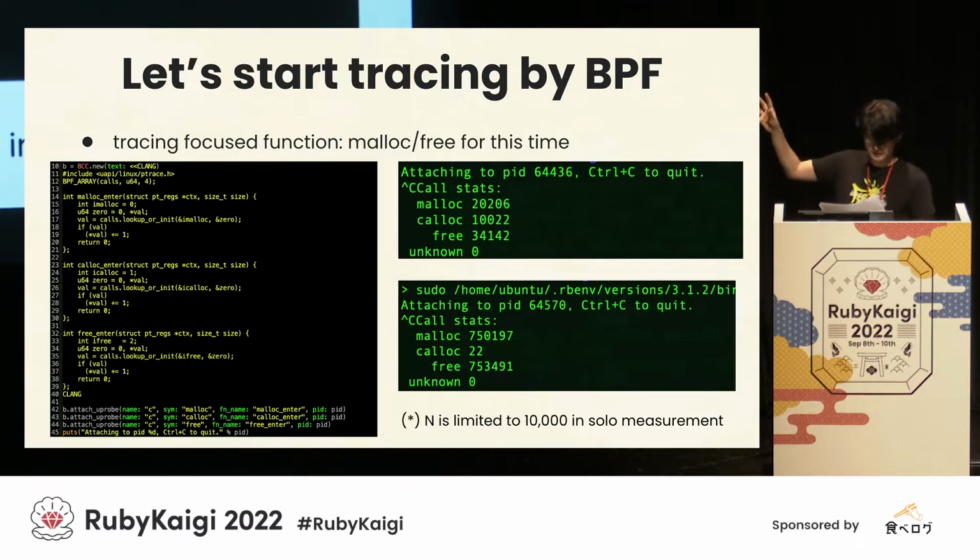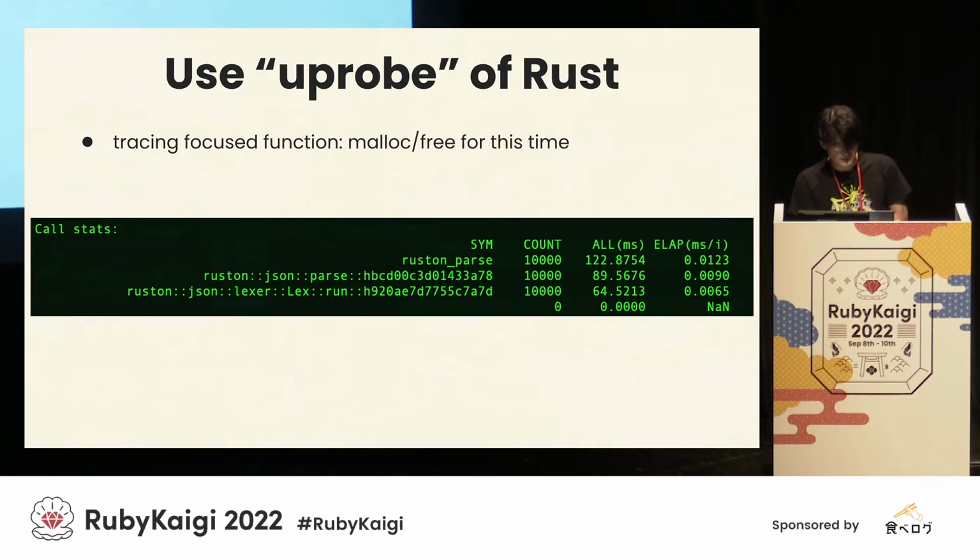The above is for C and below is for Ruston. I used uprobe to trace functions internally in Ruston, for example, the lex phase function. I showed the lex phase function and the parse phase function.